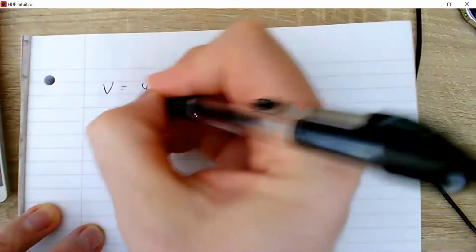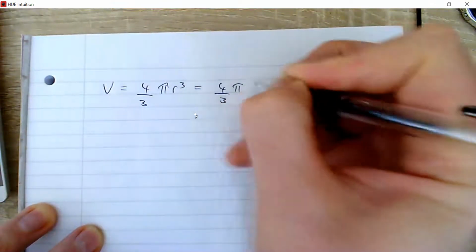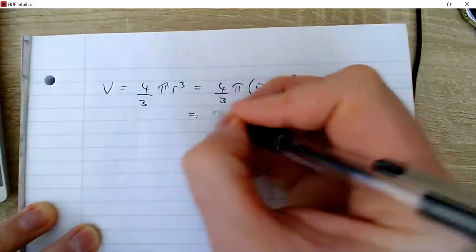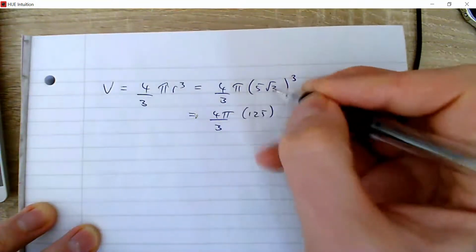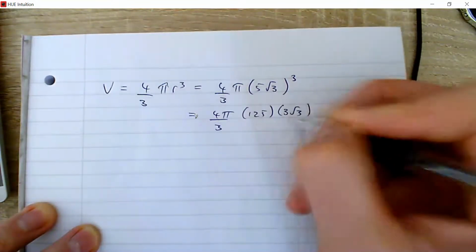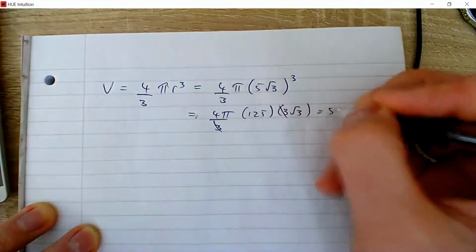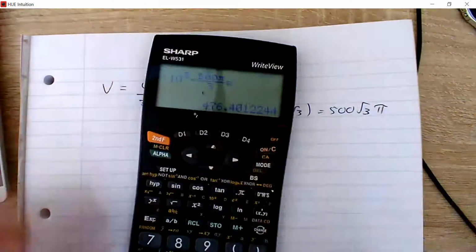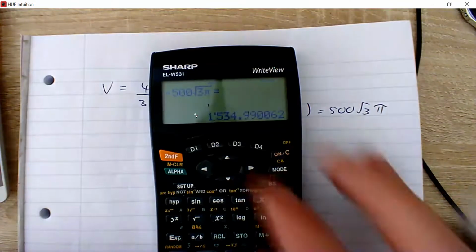So if that's the radius of the sphere, the volume of the sphere is 4/3 pi r cubed, because they've asked for the volume. That's 4/3 pi times 5 root 3 cubed. That's 4 pi over 3 times 5 cubed is 125. Root 3 cubed is 3 root 3. 3's cancel there. 4 times 125 is 500 root 3 pi, which again, on the calculator, oh, I didn't put the pi.